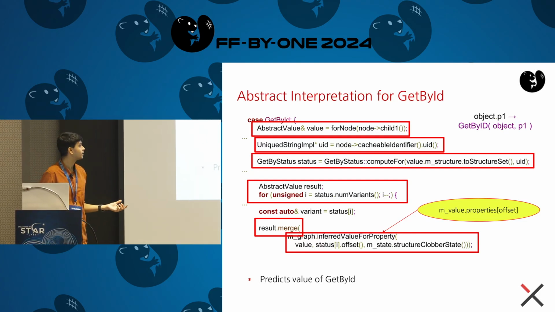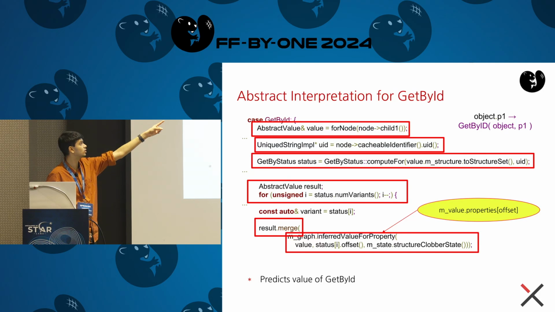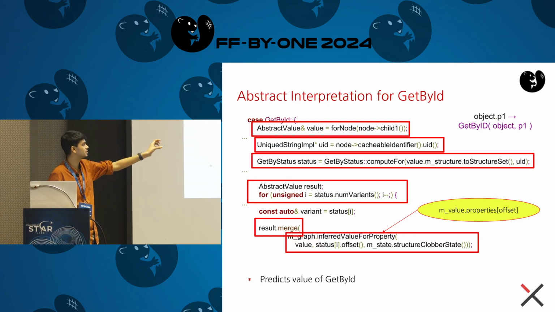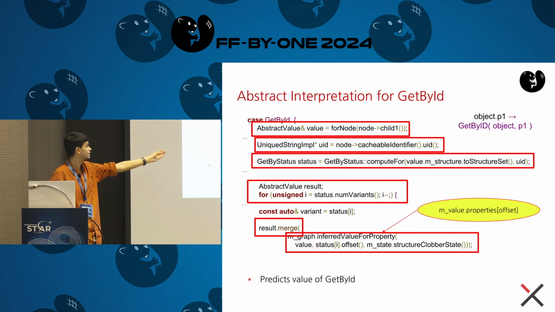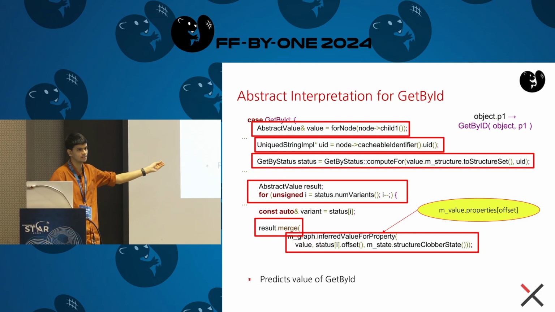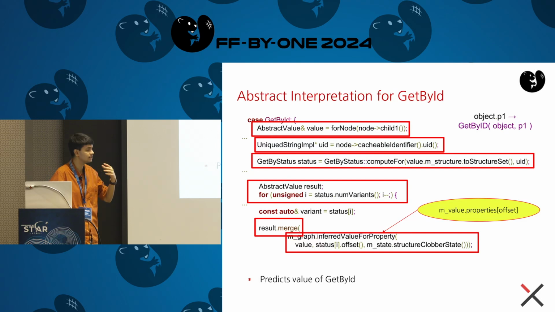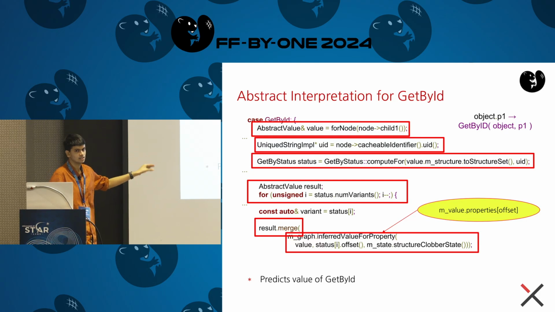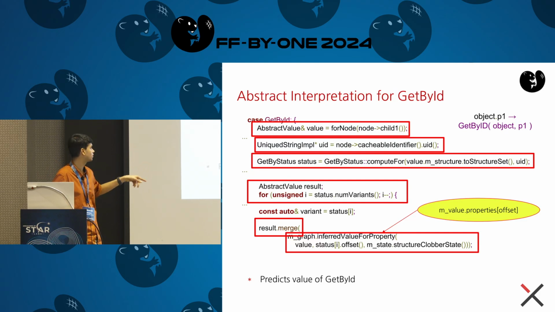And that should not happen because we are trying to access object.p1, which is at offset 0. But this code is trying to access offset 1. So this will essentially lead to an out of bounds error. It will lead to all kinds of error. Long story short, the code makes no sense here. So this is actually going to give incorrect results of the resulting abstract value.